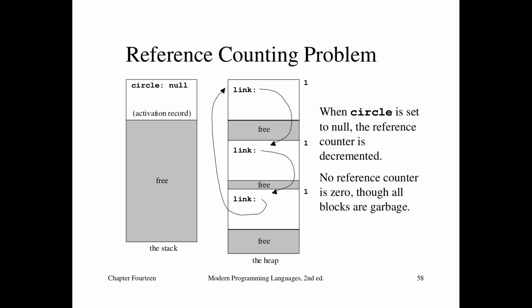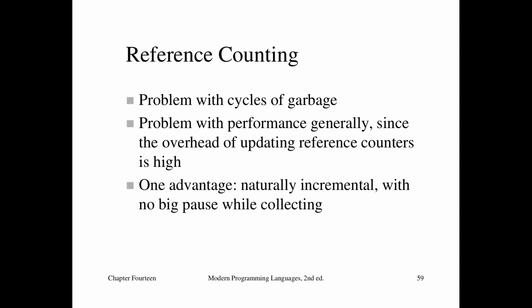Once circle goes null, nothing is pointing to the linked items in the list, but we can't get rid of anything, because even though we decremented the count on the initial item, it still is set to 1. Nothing ever goes to 0. So this is not good.